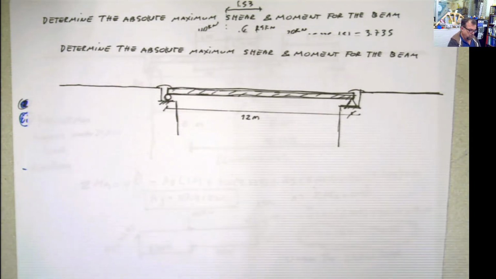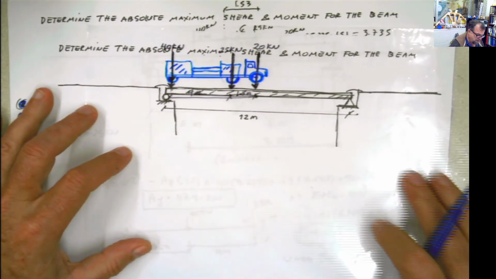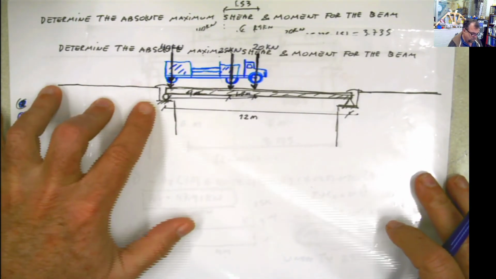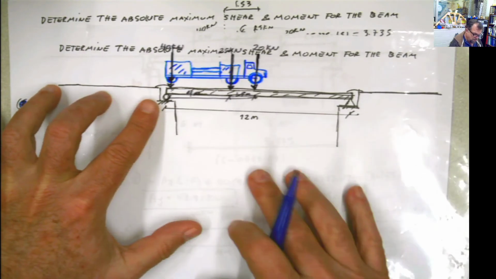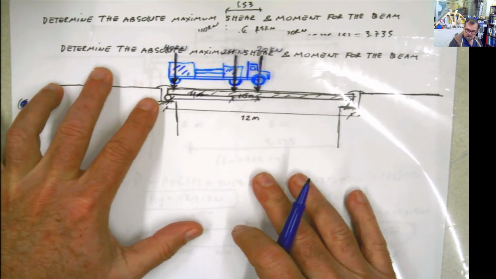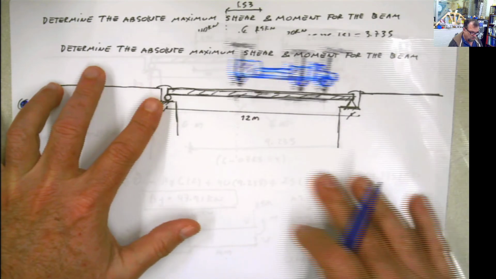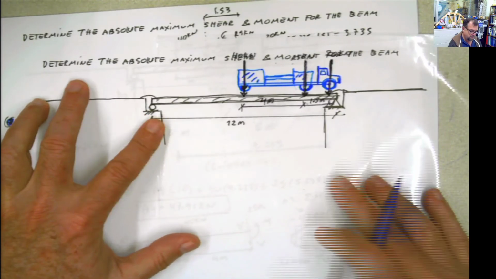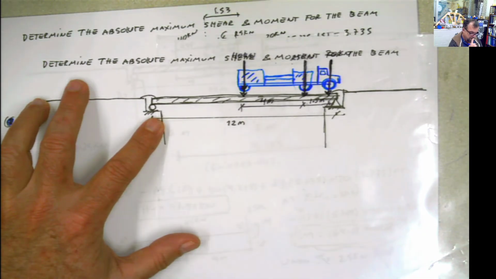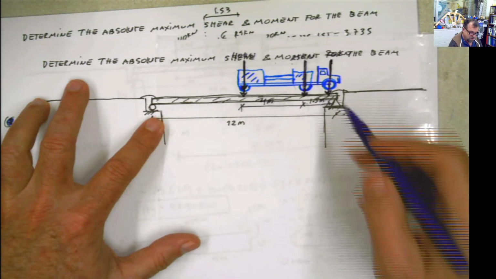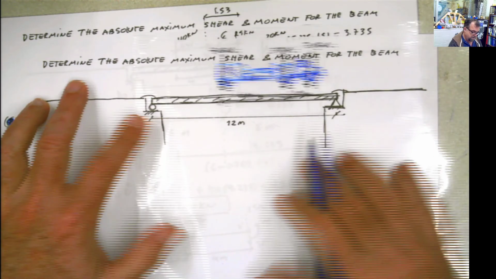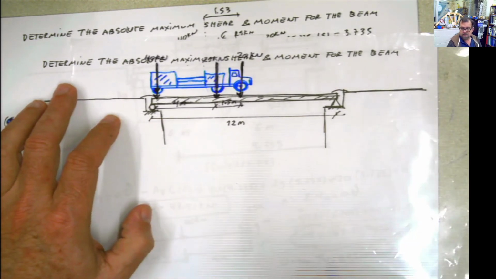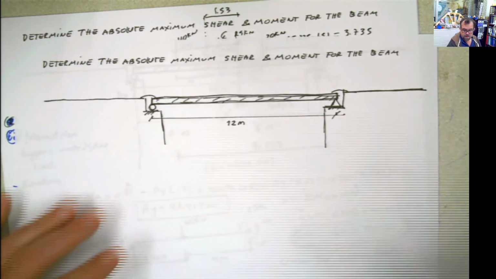You just put your truck over there, not on top of the support, but really close to that support, and that should be the location for the maximum shear. So you just calculate the reactions when it's like that, add the summation of forces in Y, and that's it.